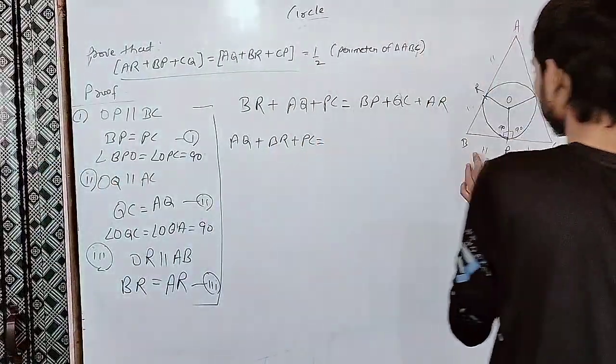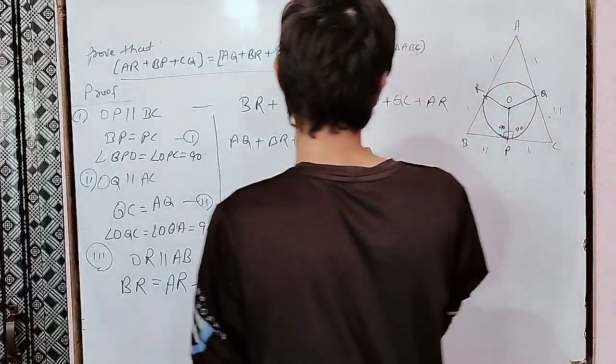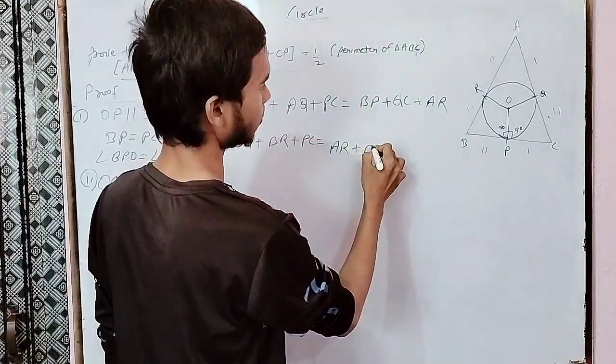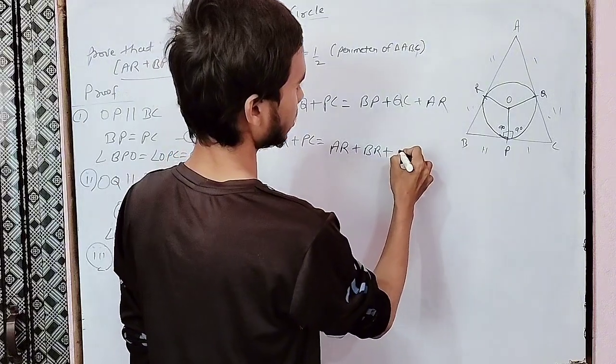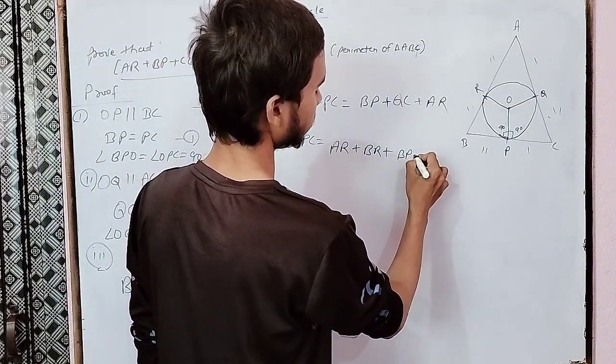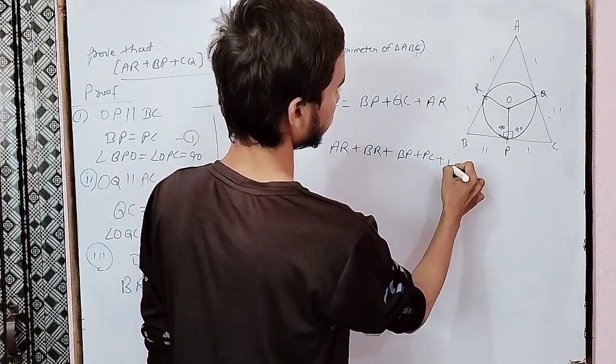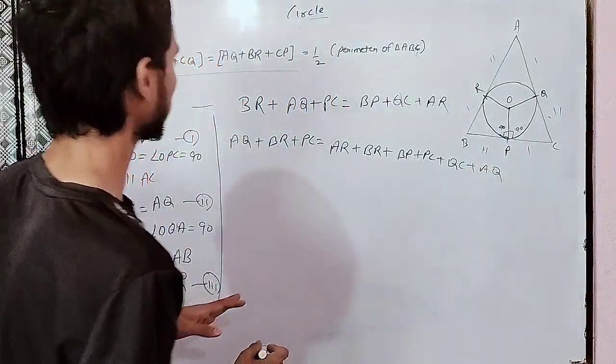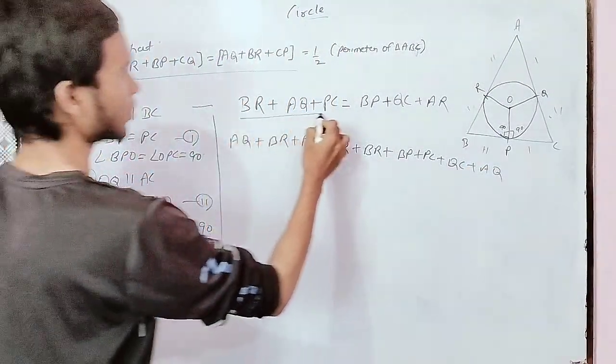Here we can write it as AR plus BR plus BP plus PC plus QC plus AQ, in which we can substitute this is equal to this.